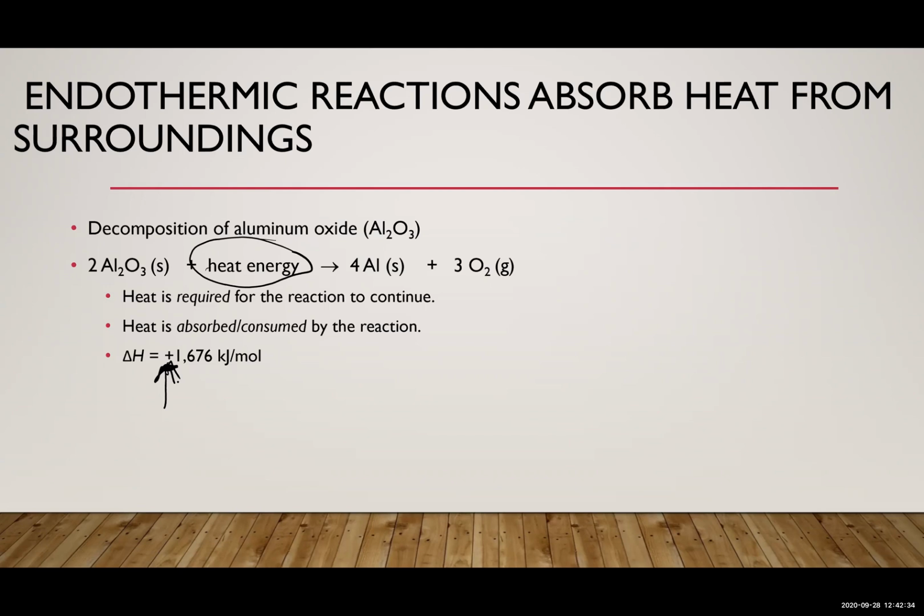Same concept with energy. If I have to draw the energy diagram of this reaction, imagine my reactant, which is Al2O3, is up here. Where will my product be, above or below? Remember, it's an endothermic reaction, so my product will be high up: aluminum plus oxygen.